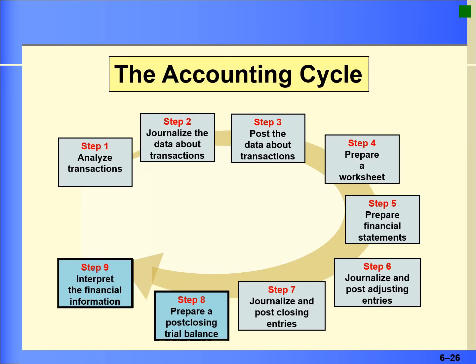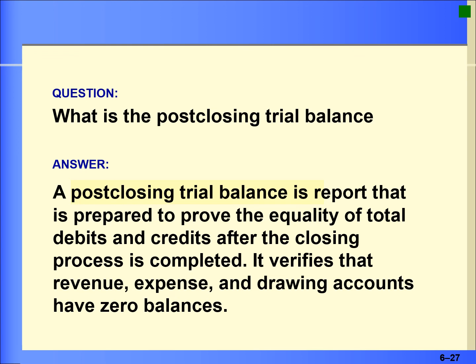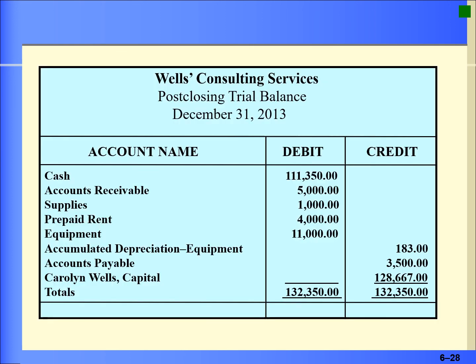And as you can see, we've already talked about this, but we're basically at the step where we are doing that post-closing trial balance. And remember, post-closing means after you've closed. So the only accounts with any balances will be your balance sheet accounts, assets, liabilities, and of course your capital account.